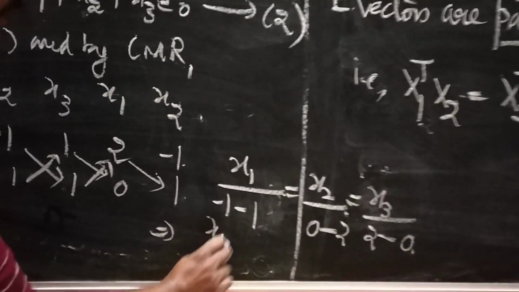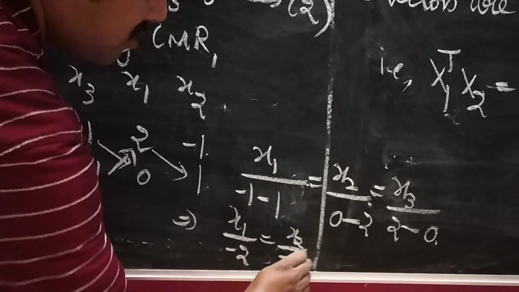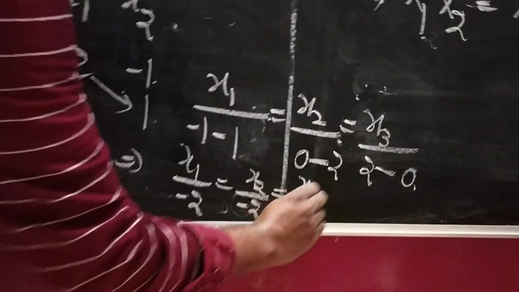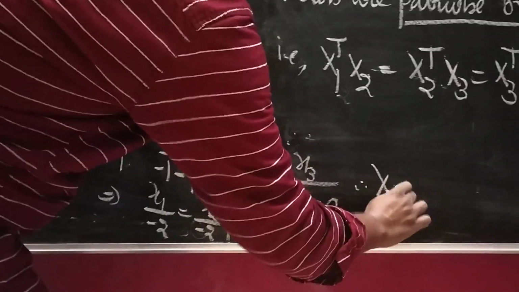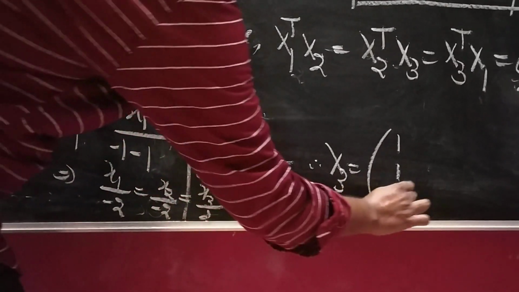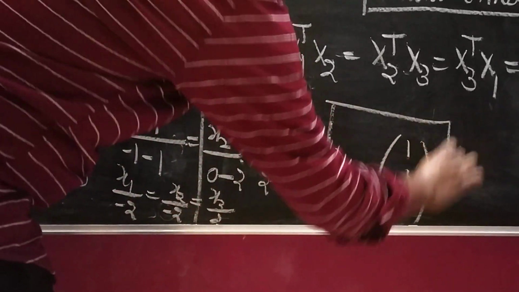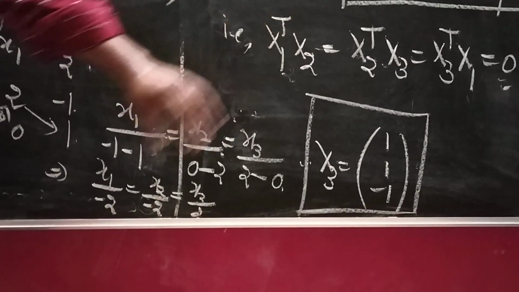Therefore, minus 2, minus 2, 2. So throughout divided by minus 2, we get 1, 1, minus 2. This is the third eigenvector. That's all.